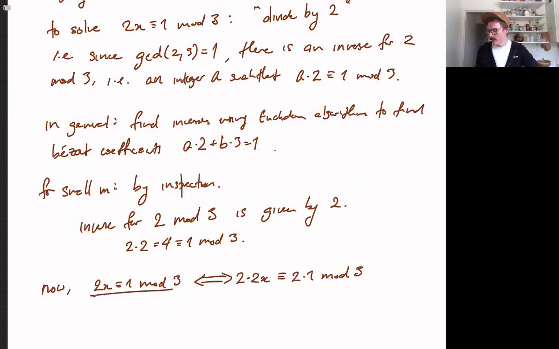So x is going to solve this exactly when it solves this. And what multiplying by the inverse does is it gets rid of this coefficient and just makes it x congruent to 2 mod 3. And now you can see that 2 is a solution.